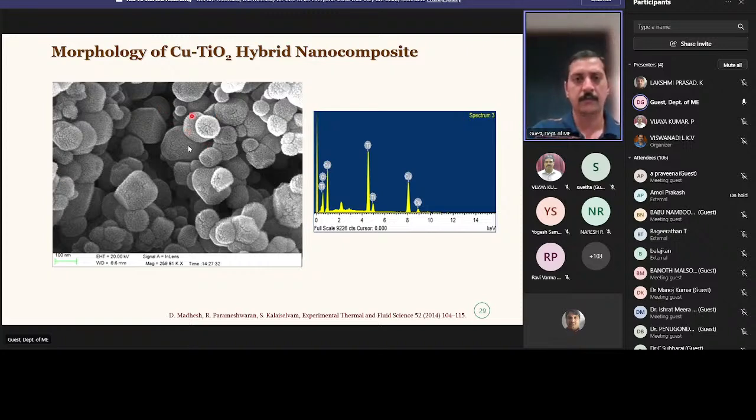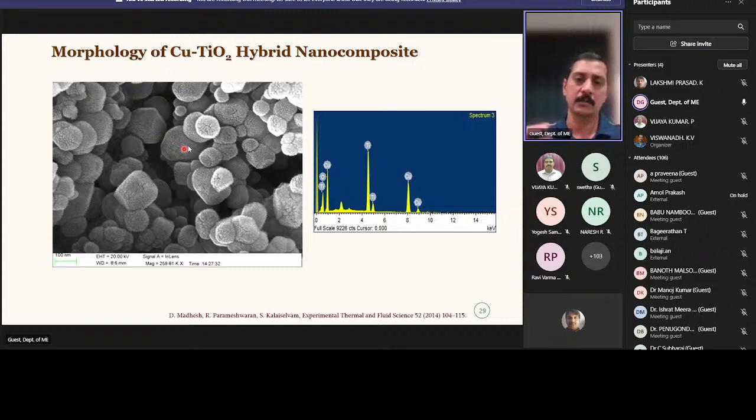As you can see, each particle exhibits a flower-like structure, and the particles have got adsorbed onto the base substrate. That means the titanium particles acted as the substrates for the copper nanoparticles to get adsorbed onto their surface. We specifically designed this kind of structure for our application.